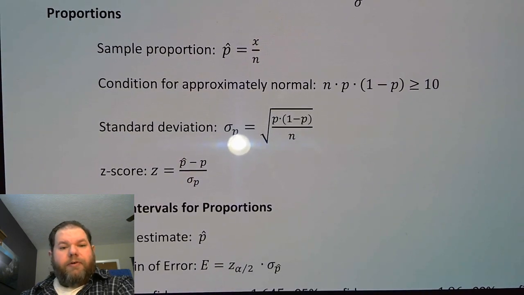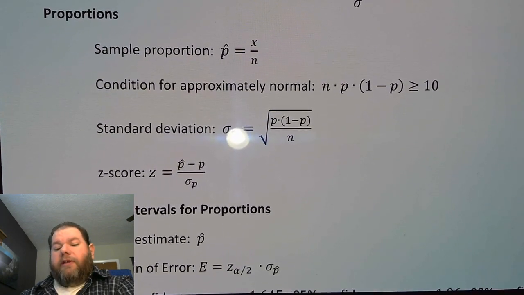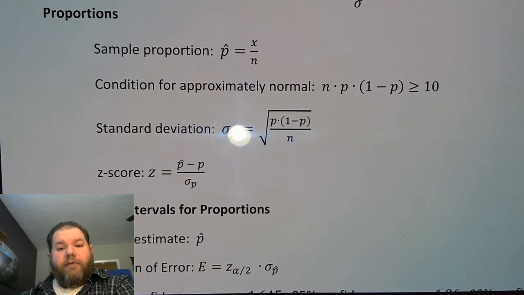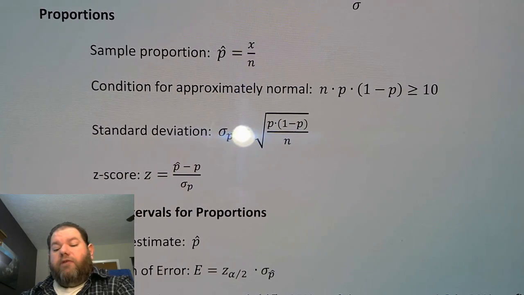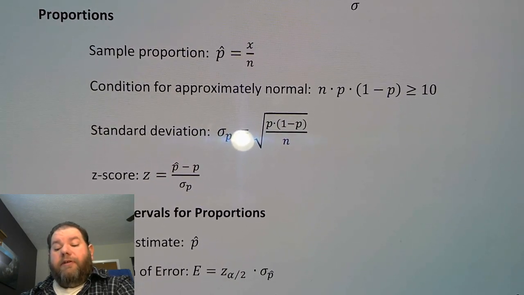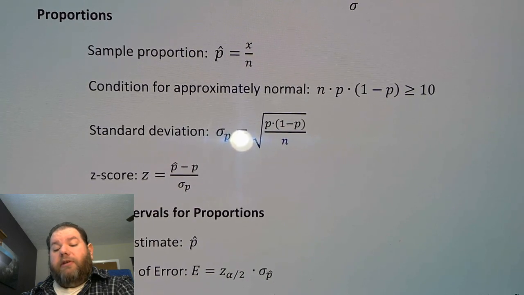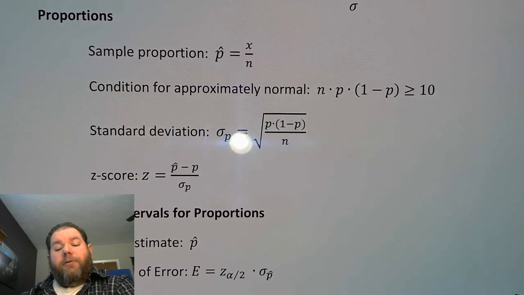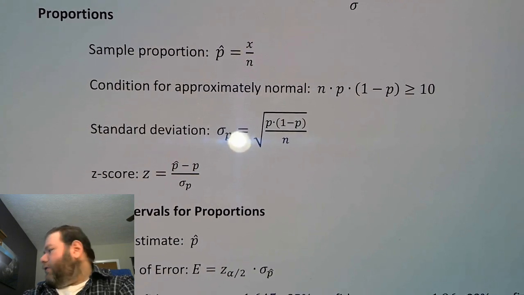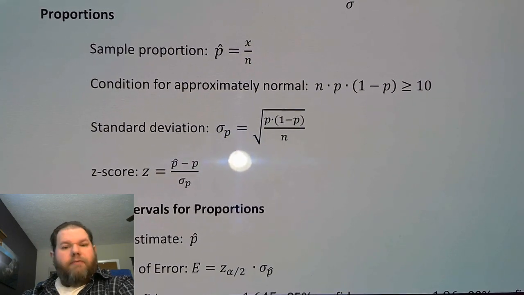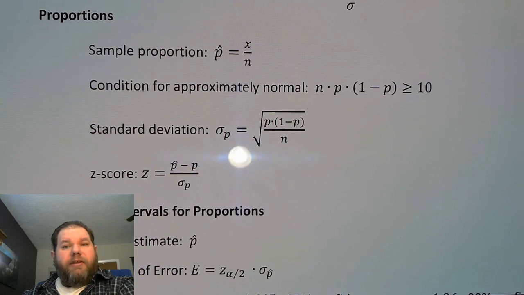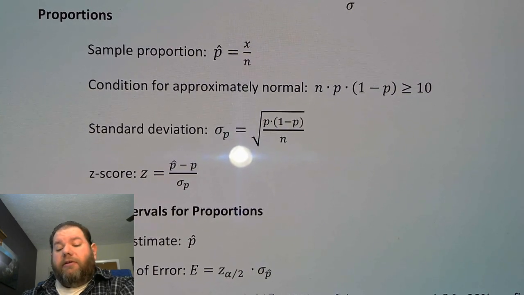This is at the top of your test when you go into it. Sample proportion p hat is x over n. The condition for approximately normal, n times p times 1 minus p is greater than or equal to 10. We also have the formula for the standard deviation and the z-score, which are coming up here in a second. But this is all provided to you on the header of the test, basically.